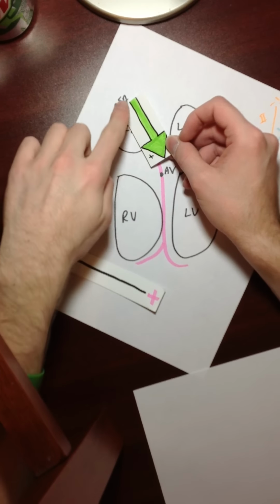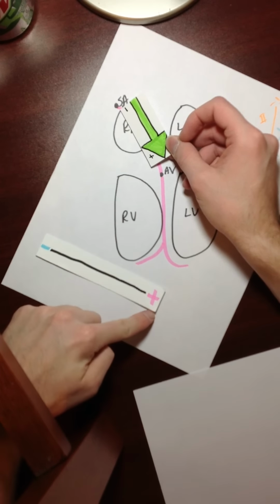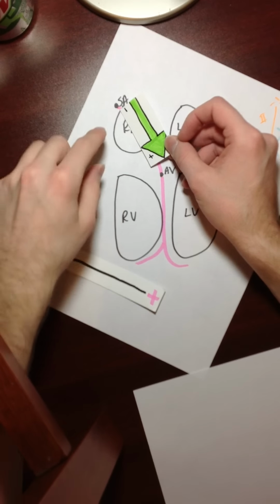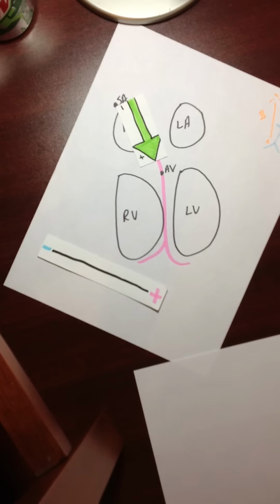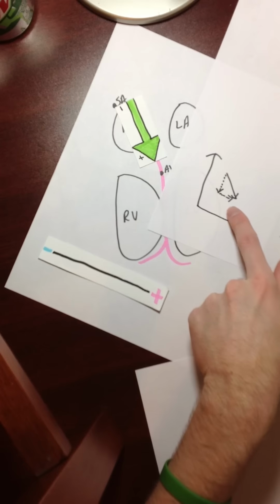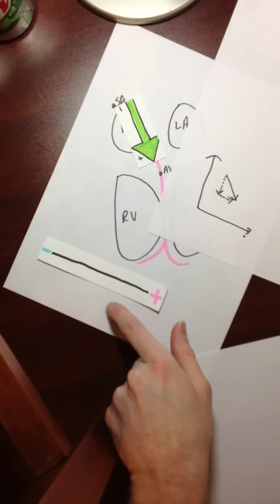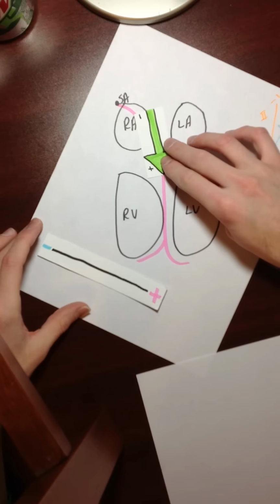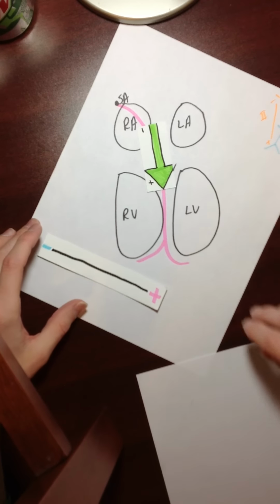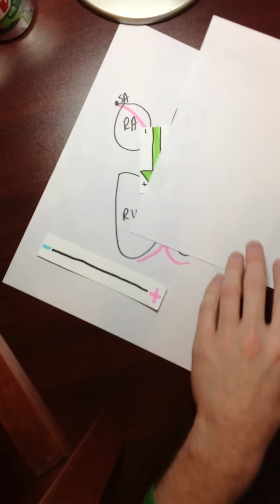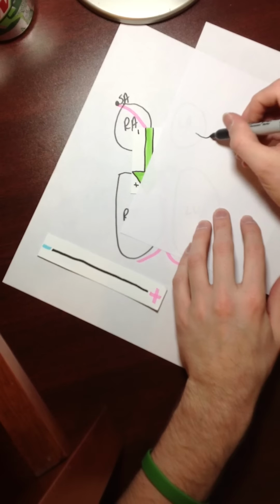Well, you can see that the arrow is mainly pointing towards a positive, or another way to look at it is if this was a vector, just as I had earlier, it would be positive. Now we go through the atria. It's completely positive, so the first signal would look like this.